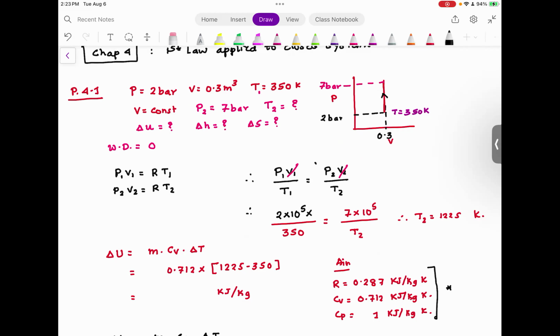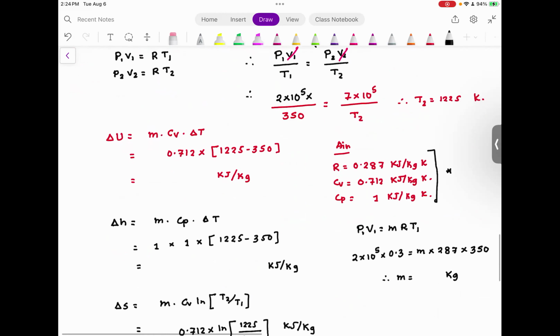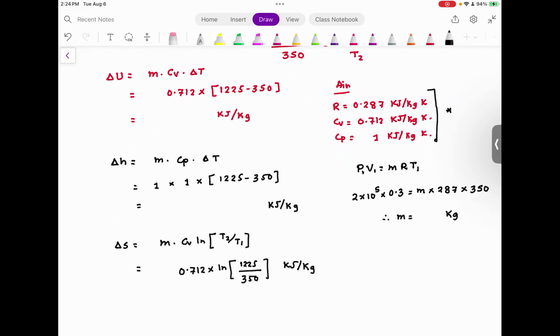Now, once you have the final temperature, he's asking us to find the change in the internal energy, change in the enthalpy. Change in the internal energy is always given as m times specific heat at constant volume, which is Cv, multiplied by delta T. Change in the enthalpy is given as m Cp multiplied by delta T. And change in the entropy is given by the equation m Cv ln T2 divided by T1.